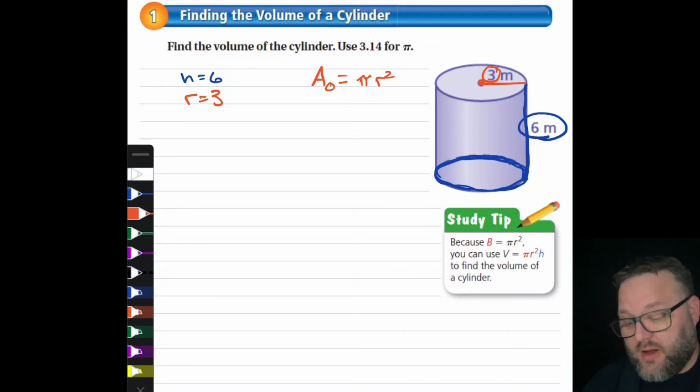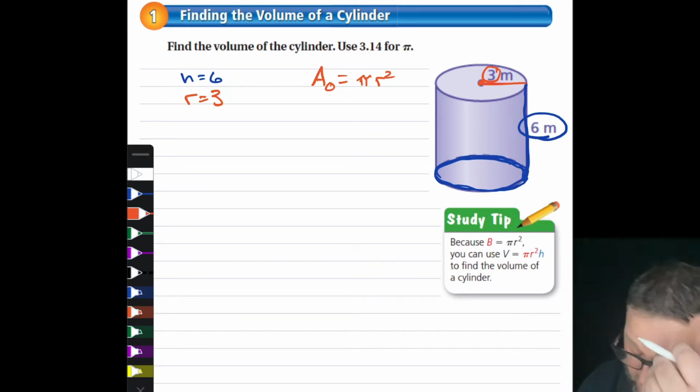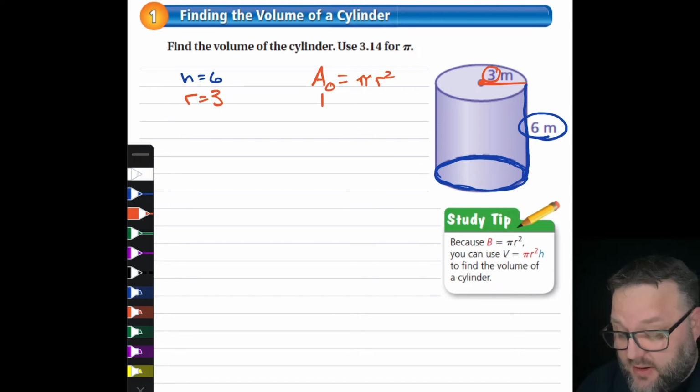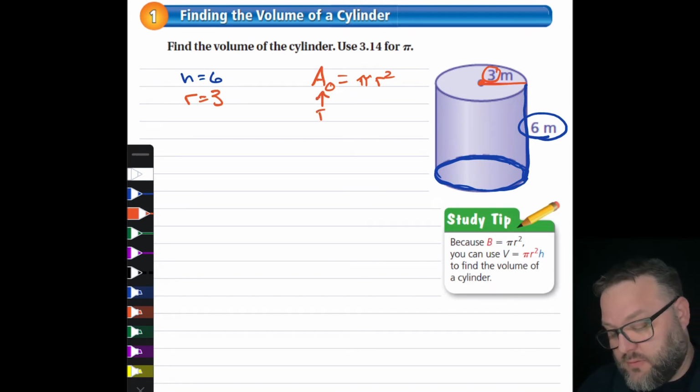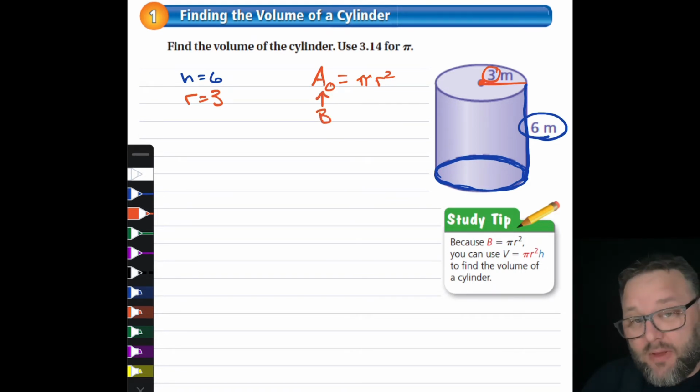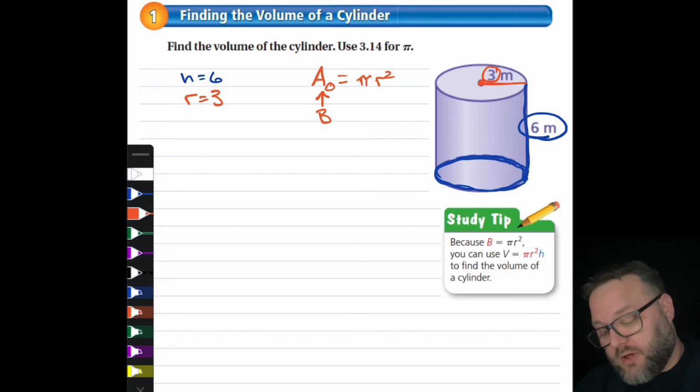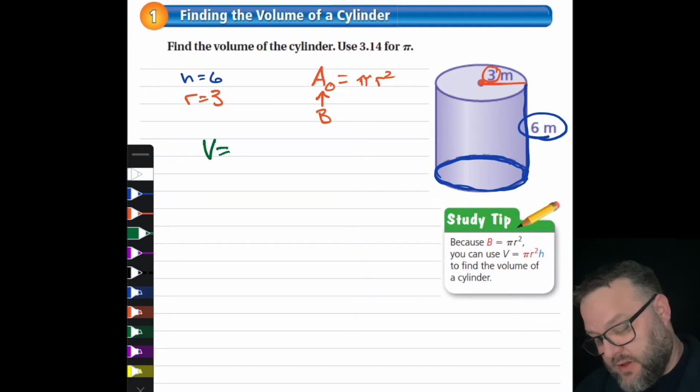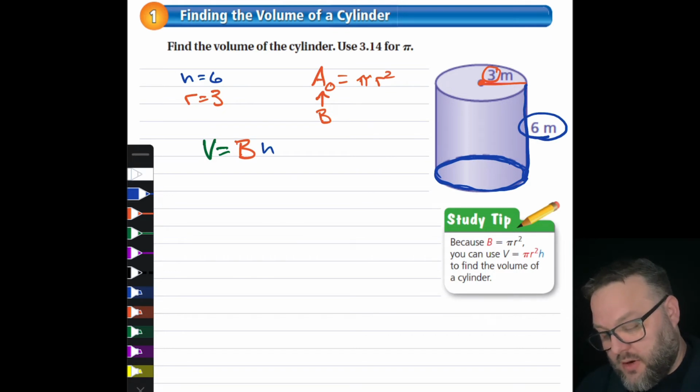So here we've got pi r squared, where the thing is, this is the area of the circle, which is the same thing as our big B in our volume. That's because the area of our base is big B. So we're going from here to set up volume equals big B times H. Well, I already know H directly.